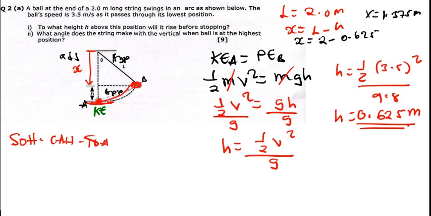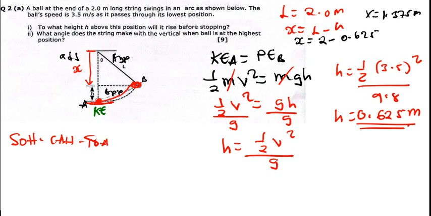So which one am I going to use? Not the opposite, but I'm going to use cos, because cos is adjacent over hypotenuse. I don't know the opposite. If you want, you can also find the opposite using Pythagoras theorem, but it's going to take time anyway. Then when you find the opposite, you can use tan if you want. You end up having the same answer. So in this case, I'm going to use cos.